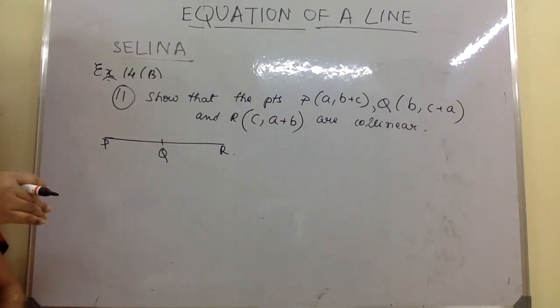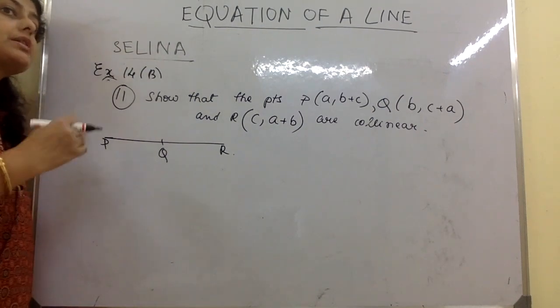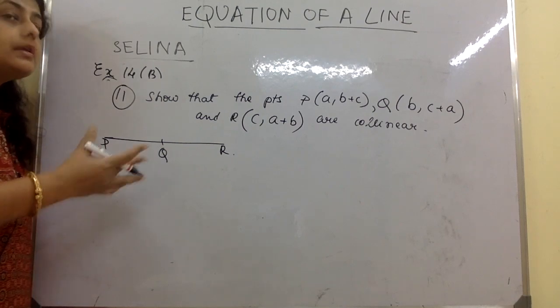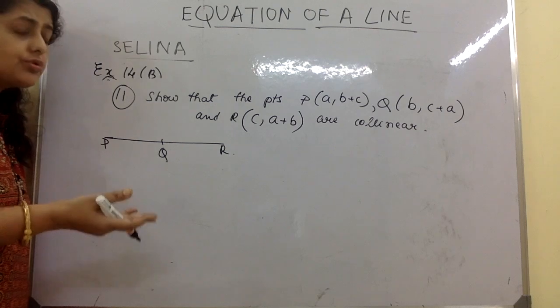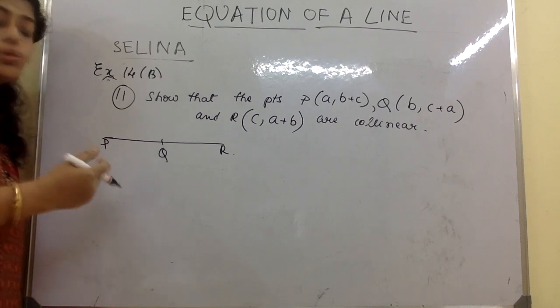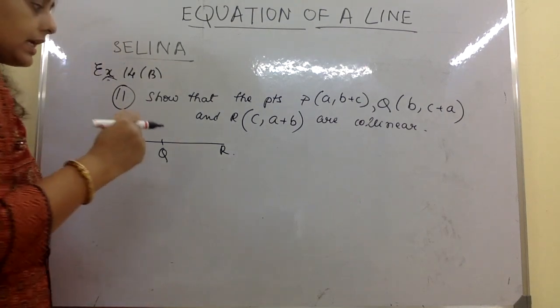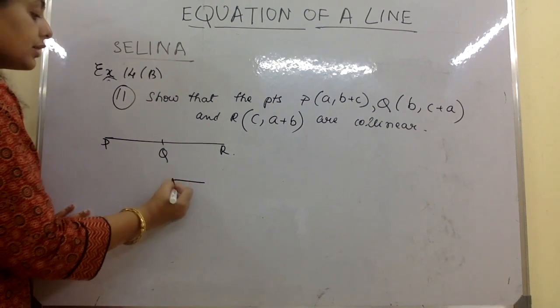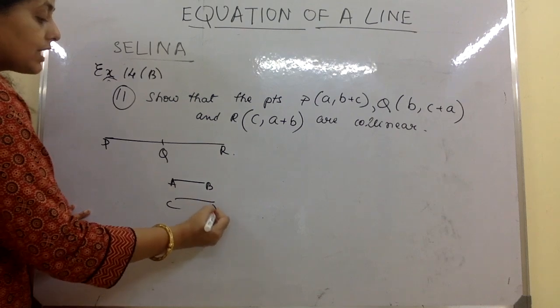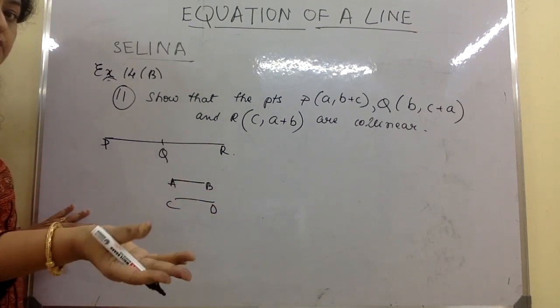Now here I want to tell you all, do not get confused by thinking that they can even be parallel. Why do they have to be collinear? Now, they have to be collinear because in the parallel case you don't have a common point. You have A, B, C, D, they are parallel if slopes are equal.